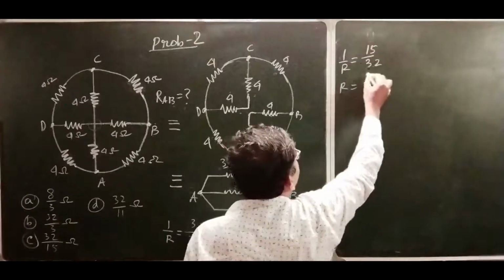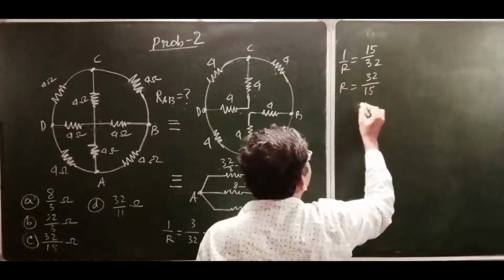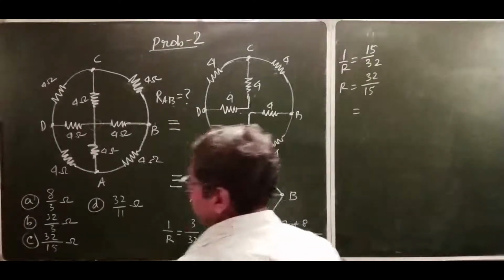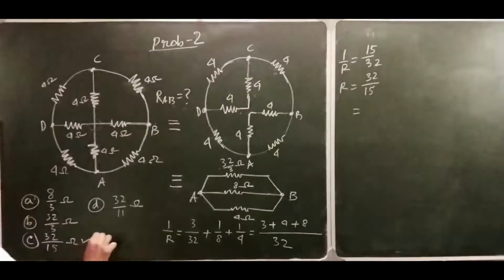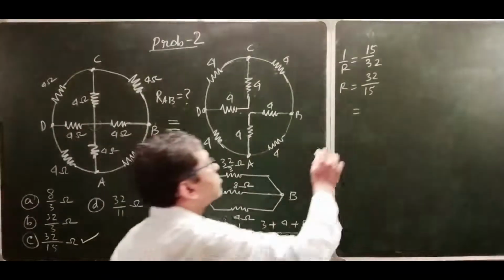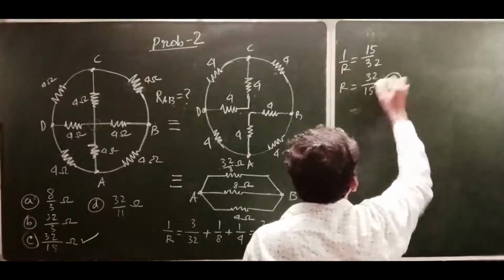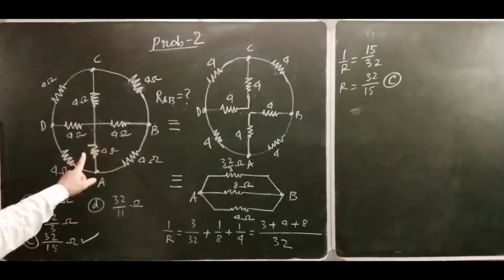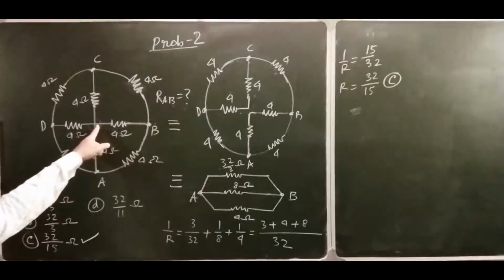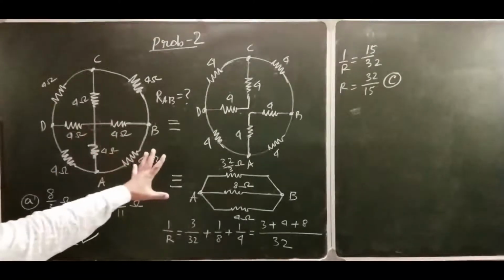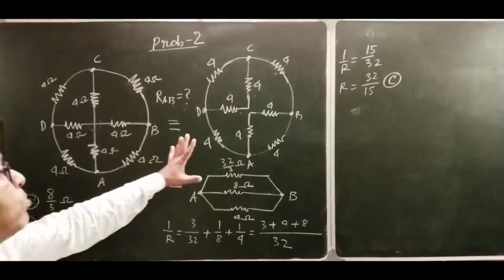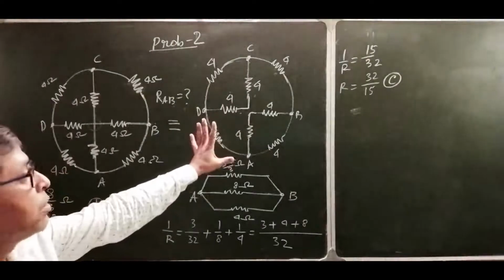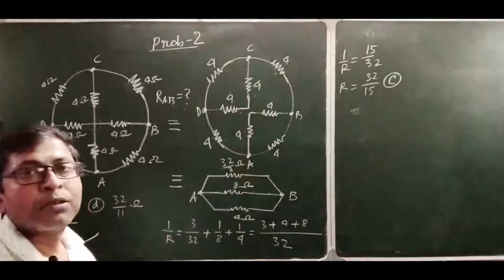That means R is equal to 32 upon 15. That means the option C is the correct option. So in this type of circuit, you have to first disconnect this junction so that the equivalent circuit can be formed with certain parts which are in parallel and series connection with each other.